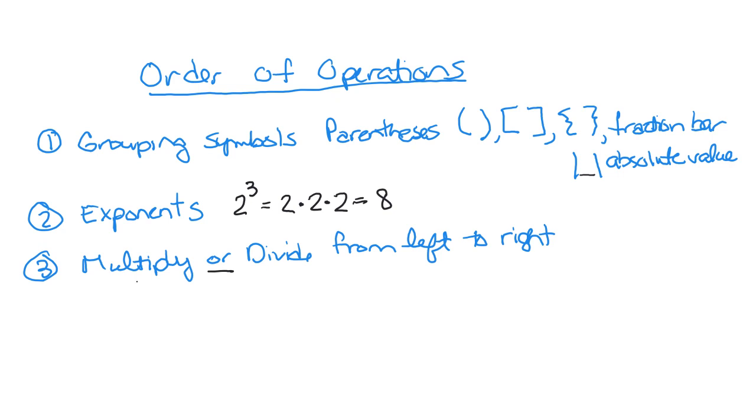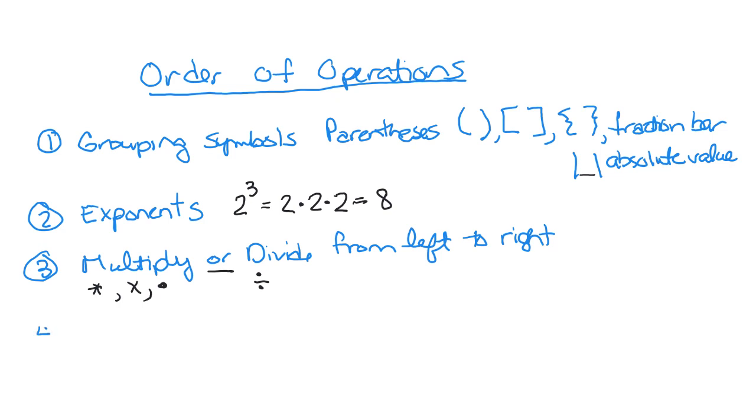So this would be our times symbol here. Sometimes it's a solid dot. Sometimes they use an asterisk to represent the multiplication symbol. Divide, you'll see the division here, or you may have it listed as a fraction. So multiply or divide from left to right, whichever occurs first.